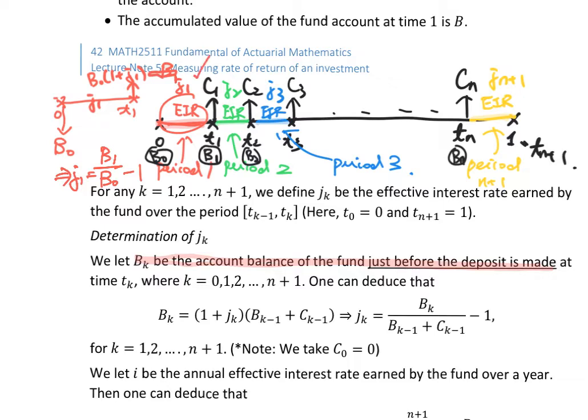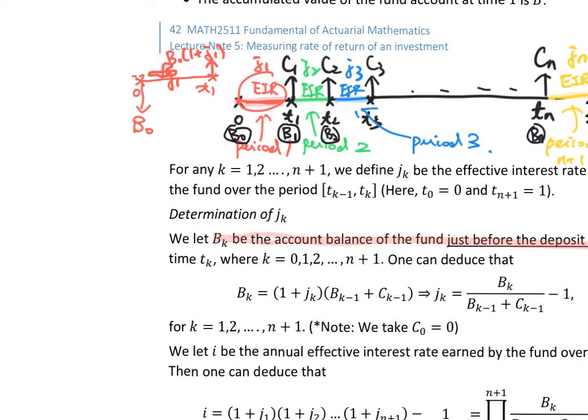This is how you get J1. Once you get J1, you can move on to the second stage, that is J2, and you can do it in a similar way. For J2, you consider the timeline from T1 to T2, and we perform the same strategy. At time T1, your account balance before the deposit is B1, right?